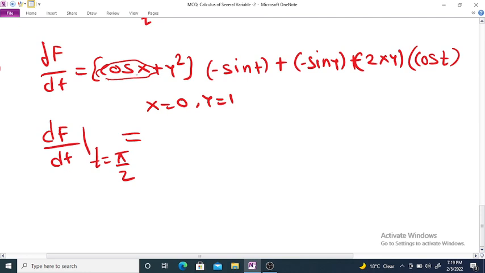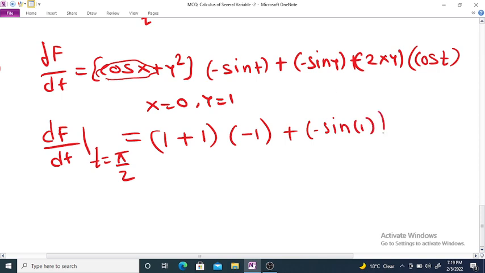So here cos 0 is 1 and y square is 1, and minus sin pi by 2, so it is minus 1, plus, now again y is 1, so it is minus sin 1, x is 0, so this whole term is 0, since x is multiplied here, this whole term multiplied by 0 is 0.